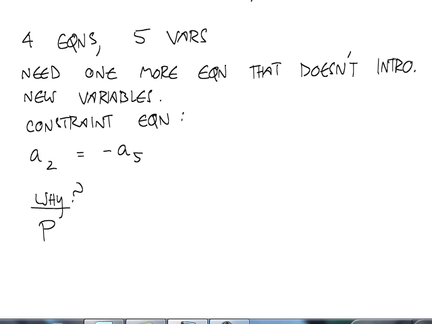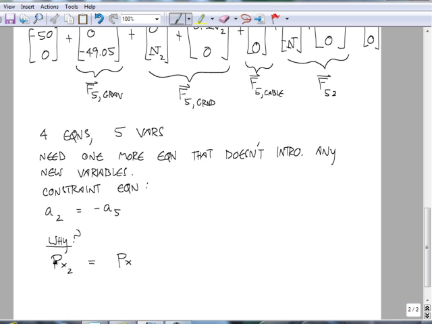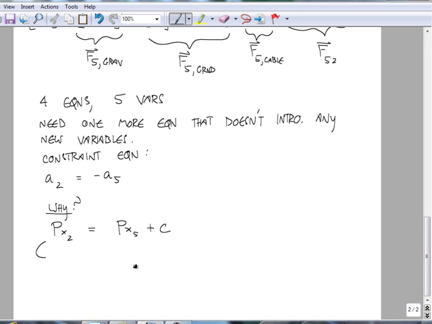The x position of the 2 kilogram box is equal to the x position of the 5 kilogram box plus some constant, right? That makes sense, right? Like, if you move this one a foot this way, it has to move the other one a foot the other way, right?